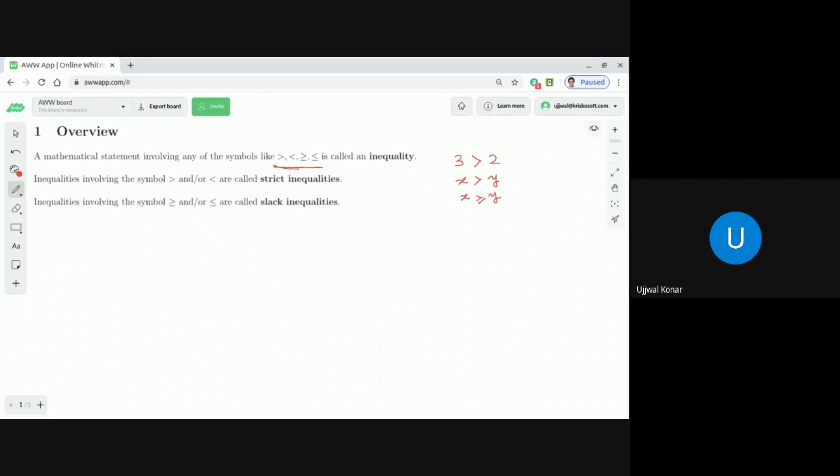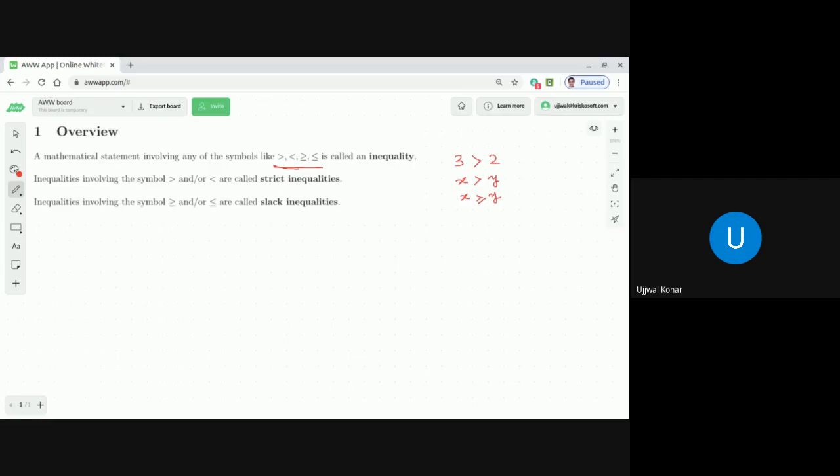From a very abstract level, with 3 and 2, either 3 is greater than 2, and 3 cannot be equal to 2. So how come the greater than or equal to symbol is also there? I am just justifying that. This symbol is there when you do not know exactly what those two numbers are, and you know them as variables like x and y. Then x greater than or equal to y makes sense.